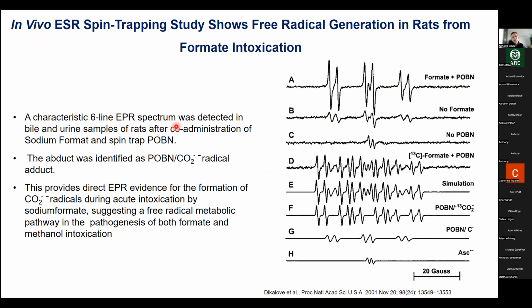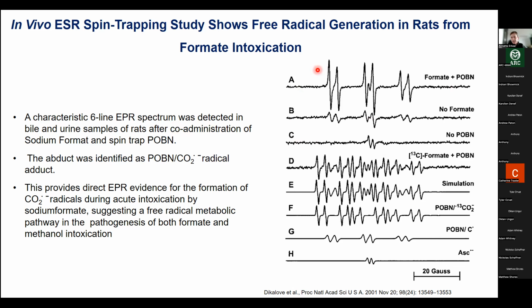And the reason this is interesting is that formate and formic acid are present in many metabolic pathways, but in high concentration, formate is actually acutely toxic. And it turns out that in methanol poisoning, the accumulation of formate is the main pathway of toxicity. So what they wanted to test is, is there a radical involved in this?